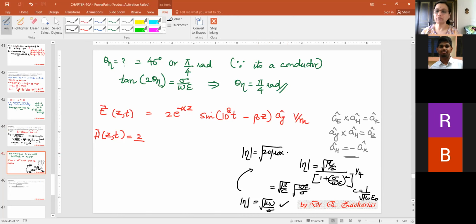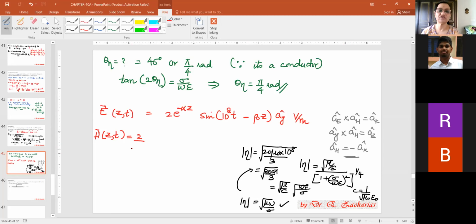And what is my omega? Omega is 10 to the power of 8, divided by sigma. Sigma was 3. If you do this calculation, modulus of eta I'm getting as under root of 800 pi by 3.